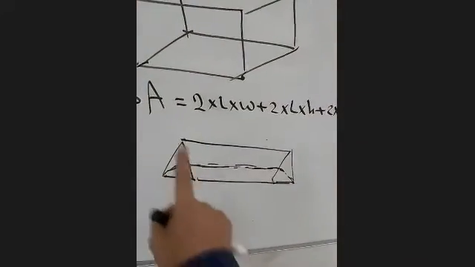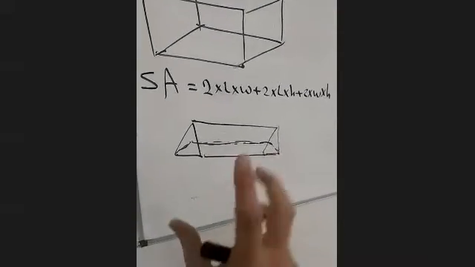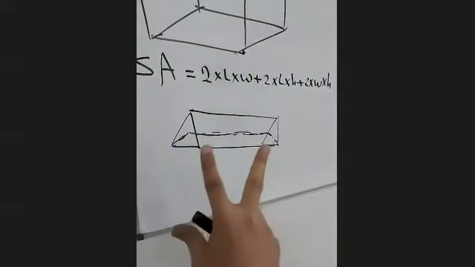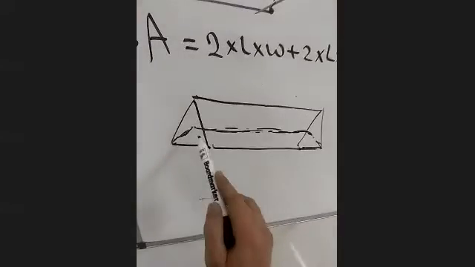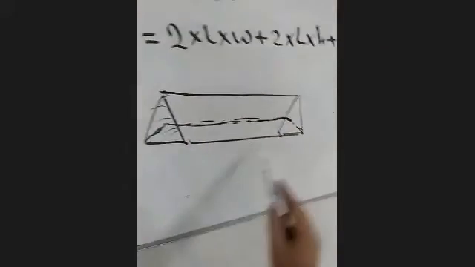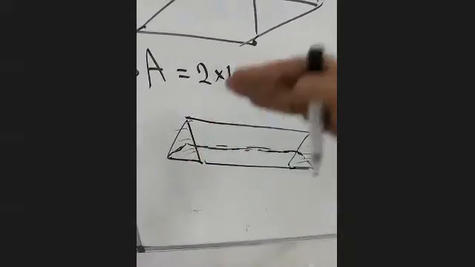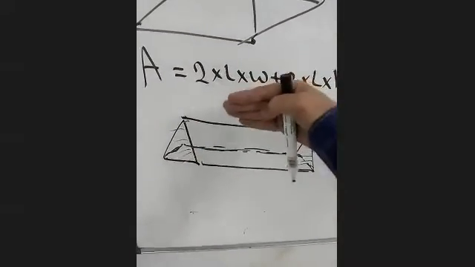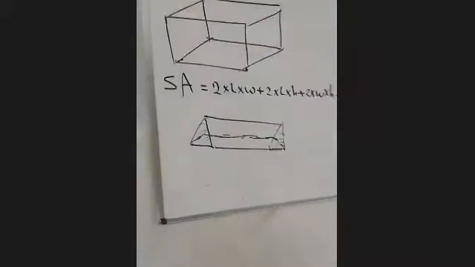We have a triangle here and a triangle here, the two bases. And the 2 triangles have the same area. So we have 2 triangles and the 3 rectangles: this one, the one in the back, and the floor, the bottom we call it.